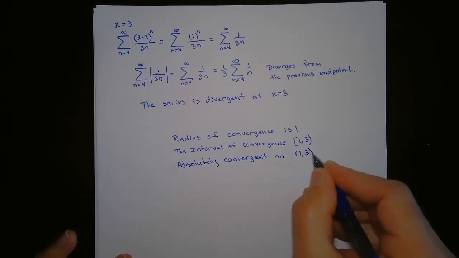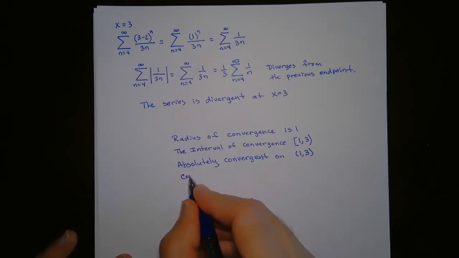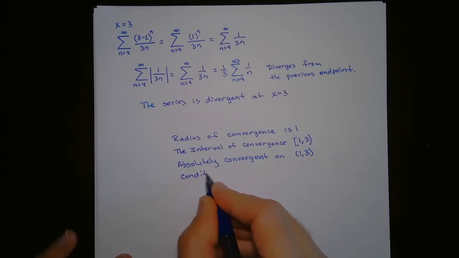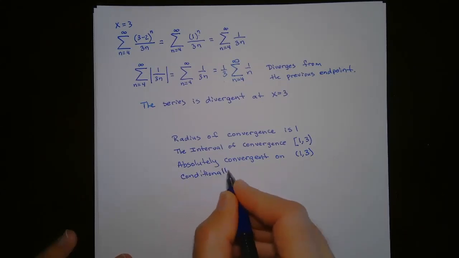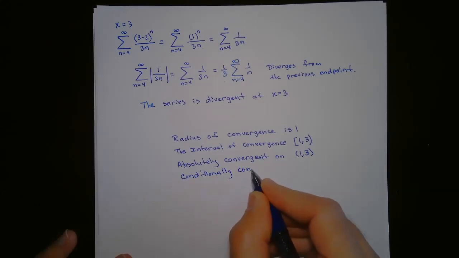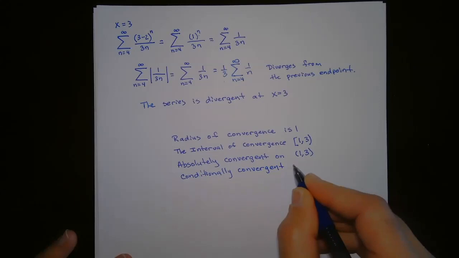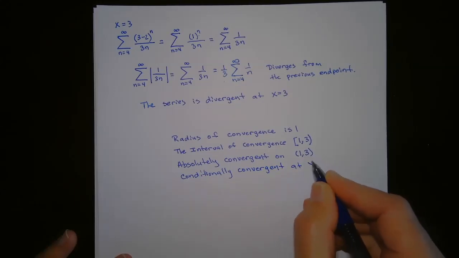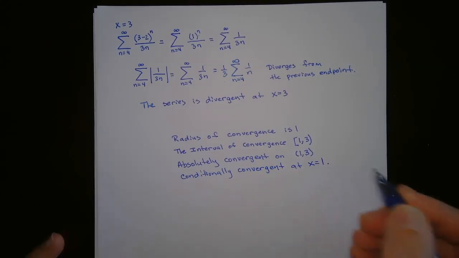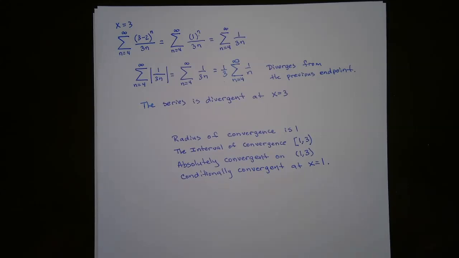And then it's conditionally convergent at x equals 1. There's only one x value. All right, so that's example number 6.